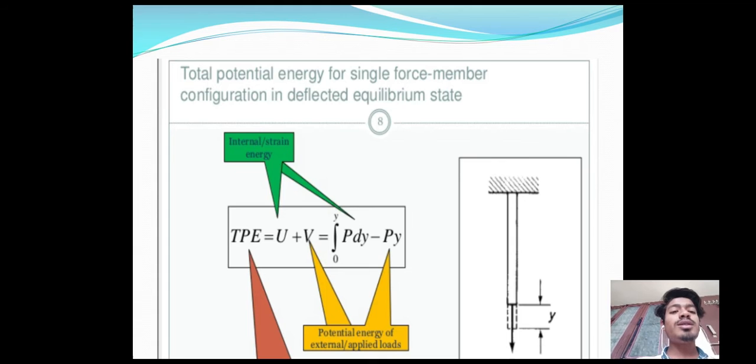So the formula is total potential energy equals internal strain energy plus external potential energy, equals the integral from 0 to y of P dy, minus Py.